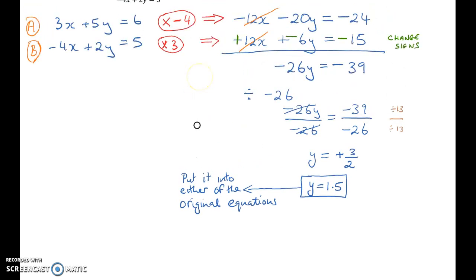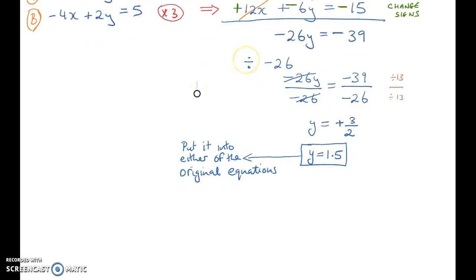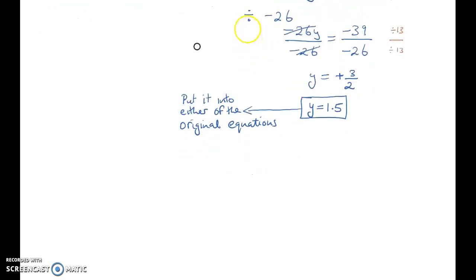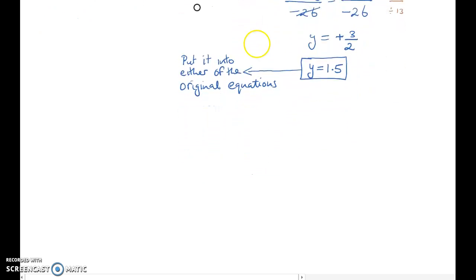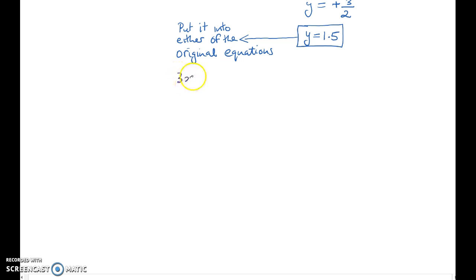Let's take 3x plus 5y equals 6, because we don't have any negative signs to worry about. With y as 1.5, 3x plus 5 times 1.5 is equal to 6. That's 3x plus 7.5 equals 6.